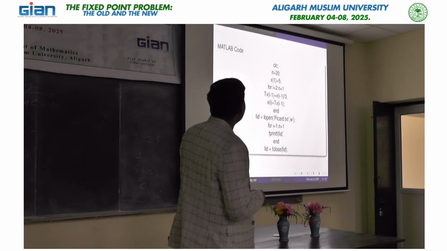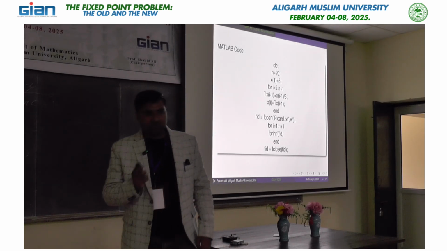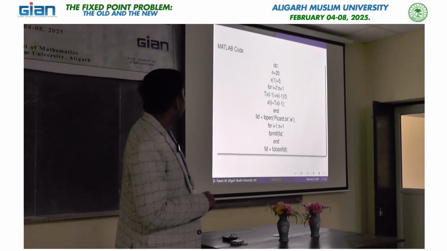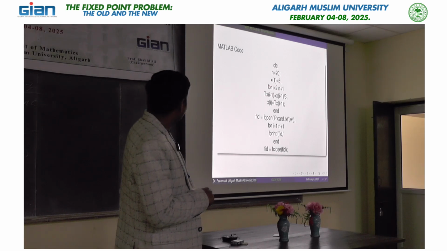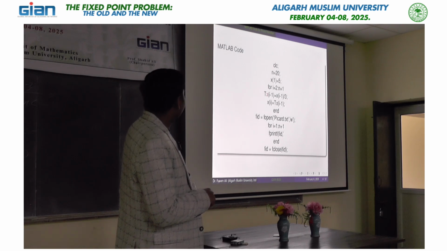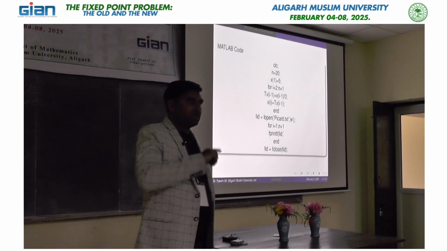Here we use a very simple for loop, for i equal to 2 to n plus 1, because x1 we already assigned. And we define our function, because Tx equals x by 3 in the example.